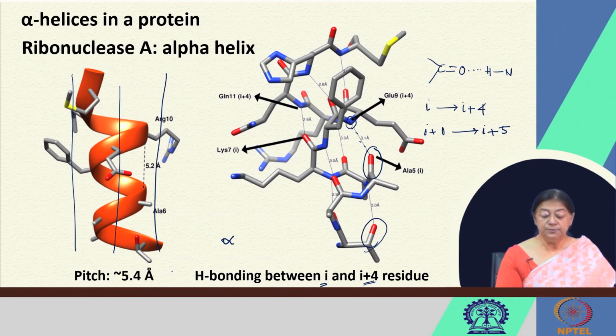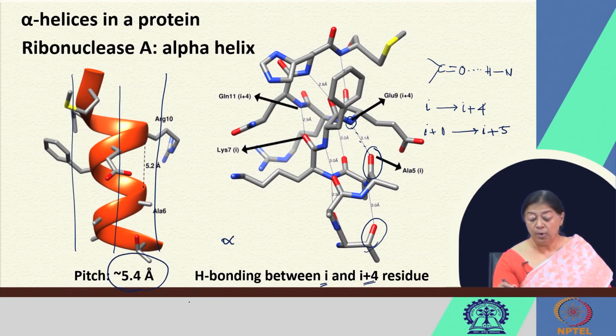Now, this means that there is a particular turn of the helix and there are 3.6 residues per turn of the regular right-handed alpha helix that has the hydrogen bonding from i to i plus 4. This means that there is a pitch to the helix which is 5.4 angstroms in length. The hydrogen bonding distances are usually around 3.4 angstroms.